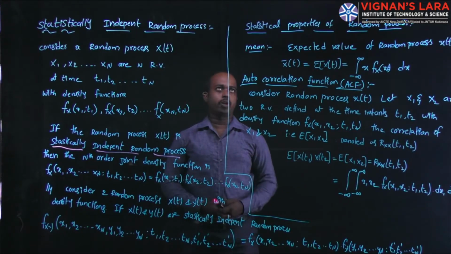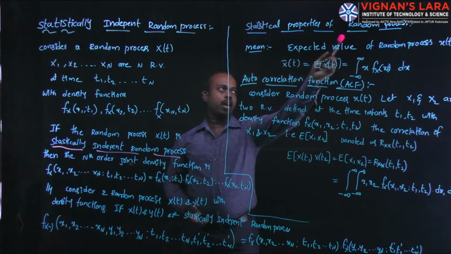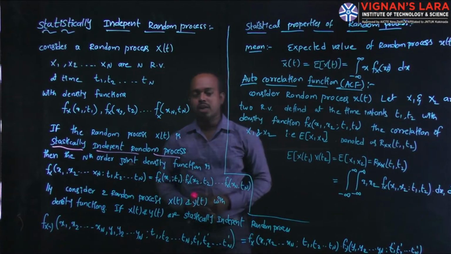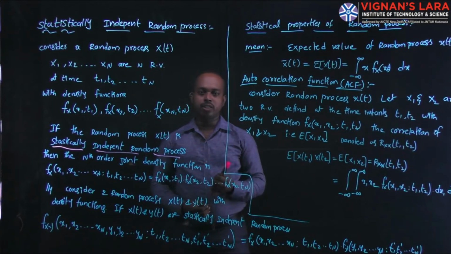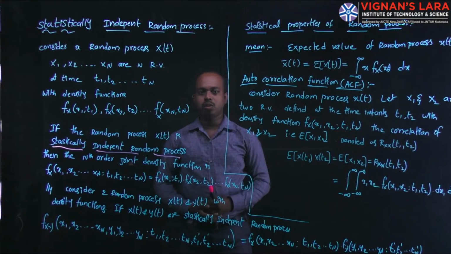Coming to the next topic. The next topic is statistical properties of random process. What are the statistical properties we have under random process? The first and important one is mean.